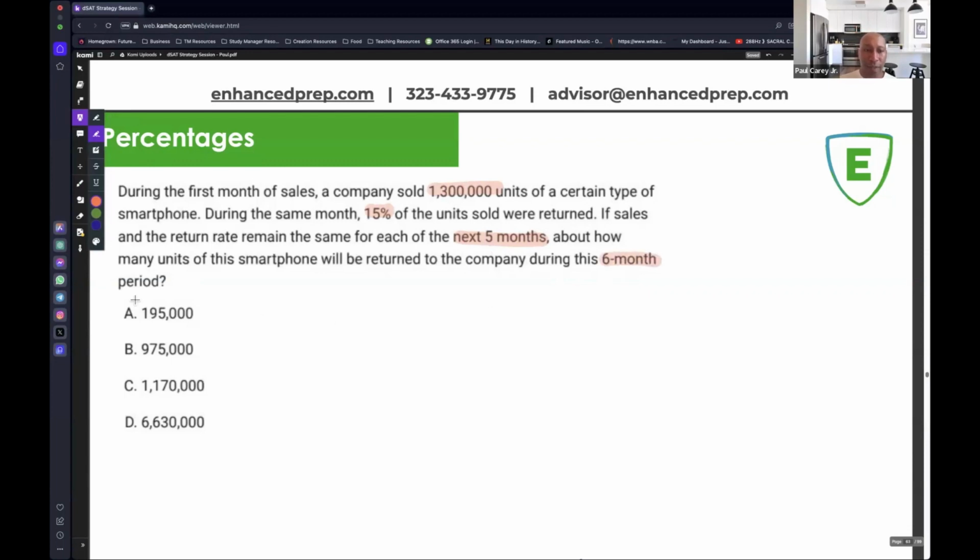So in this case, we know that we need to think about a certain amount. What answer choices can we get rid of? Well, we know we can get rid of this one because it's a little bit too high. And then what do we think about? Well, if we're thinking about this, this is going to be 15% per month, right? So let's do an approximation. What if we just did around 10%, right?